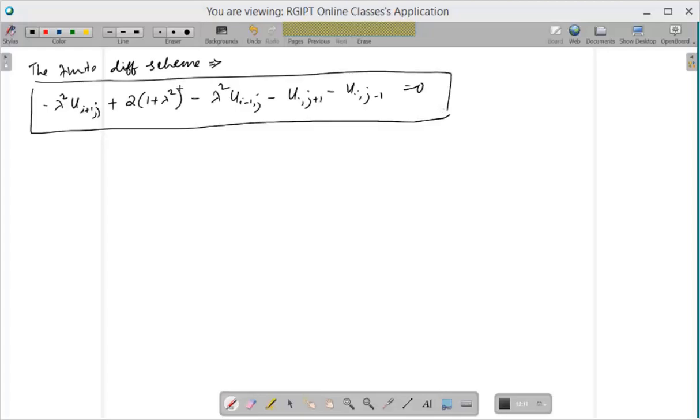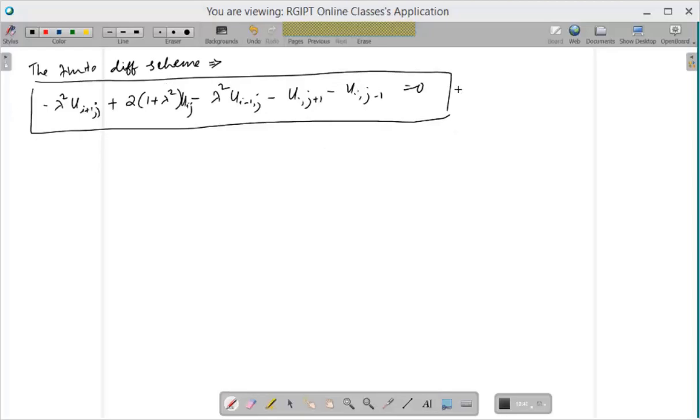So this will be the governing equation that will decide how you change from point to point. At each point on the grid, the u's must be related.